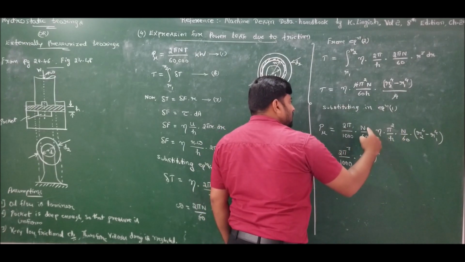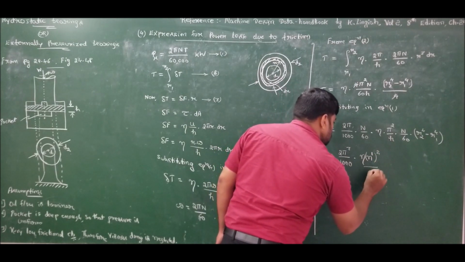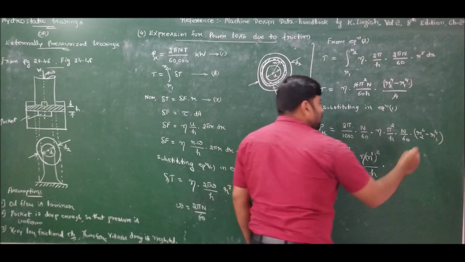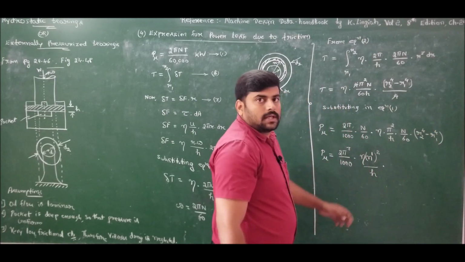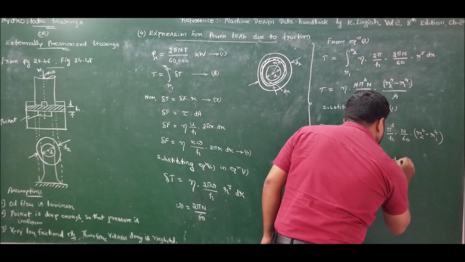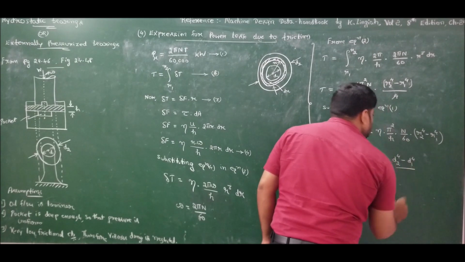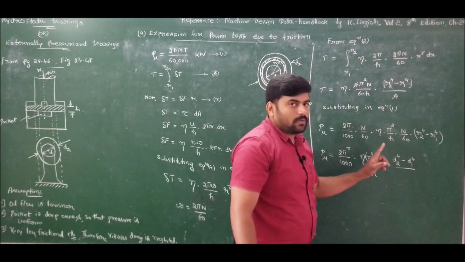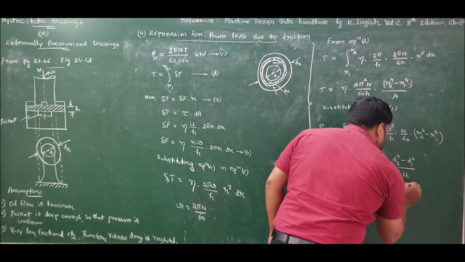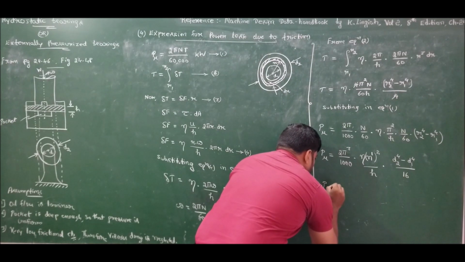Eta n dash square by h into R2 to the power of 4 minus R1 to the power of 4. In terms of diameter I can write it as d2 to the power of 4 minus d1 to the power of 4 divided by 2 to the power of 4. 2 to the 4 is 16. Right.